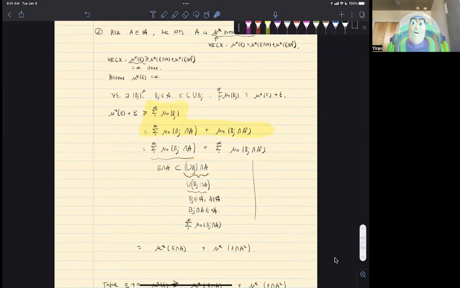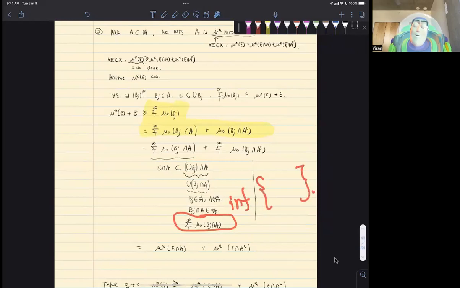Why? Because E is a subset of the union of B_j. Therefore, this is actually one candidate of the infimum collection, where each element satisfies that E intersect A is a subset of the union of that collection. So this is definitely such a collection.